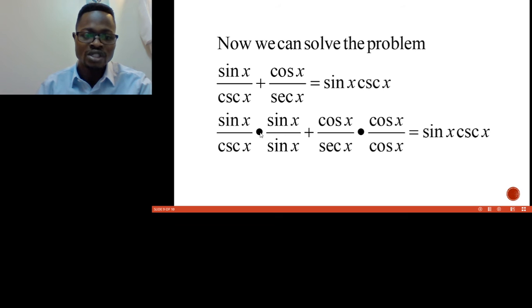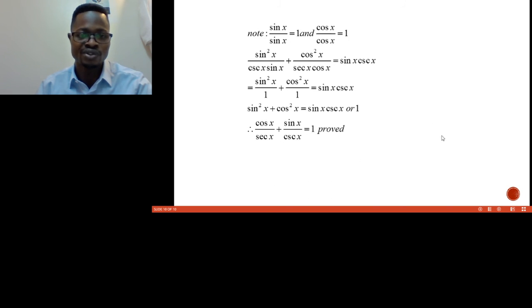We are going to multiply by sin and cos, so that we will have sin x divided by cosecant x multiplied by sin x divided by sin x, plus cos x divided by sec x multiplied by cos x divided by cos x. All these will be equal to sin x cosecant x. Remember, sin x cosecant x is representing 1, as we already proved.